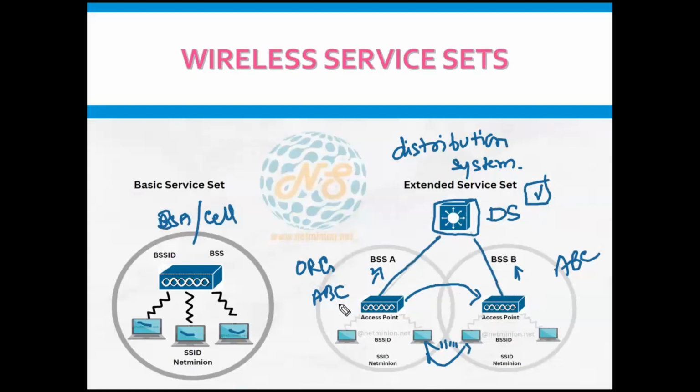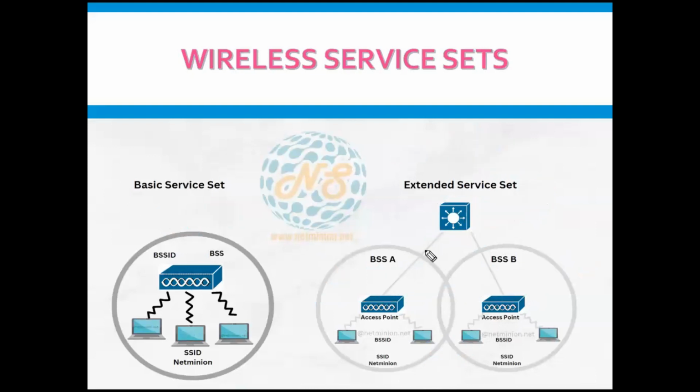So you're saying that you have clients on one access point and clients on another access point with different SSIDs, right? It can be different. It can be the same also. Let us say this is the guest SSID and this is the NetMinion SSID. If we want communication between PC1 and PC3, these stations can talk with each other.